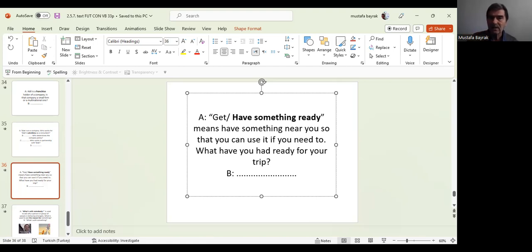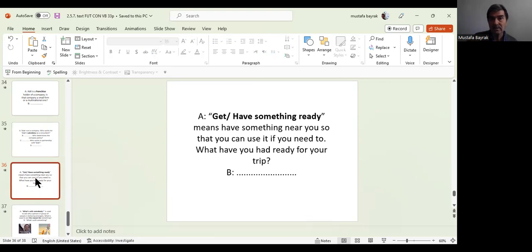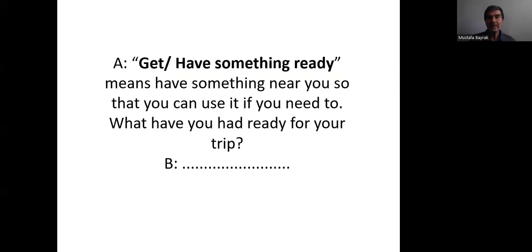We got the luggage ready, and we did something like this." Get something ready, okay, or have something ready as well, or make something ready, yeah. But I think the most useful one is got. Get something ready. In the past, got will be get. Okay. Get something ready means have something or get something near you so that you can use it if you need to.